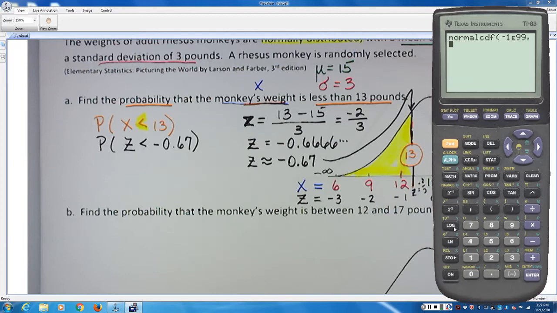And so that I don't have any round off error, you could put in -0.67, but so that I don't have any round off error, I'm going to put in -2/3. And then the mean of z-scores is 0, and the standard deviation is 1. And we see that the answer is 0.25249.